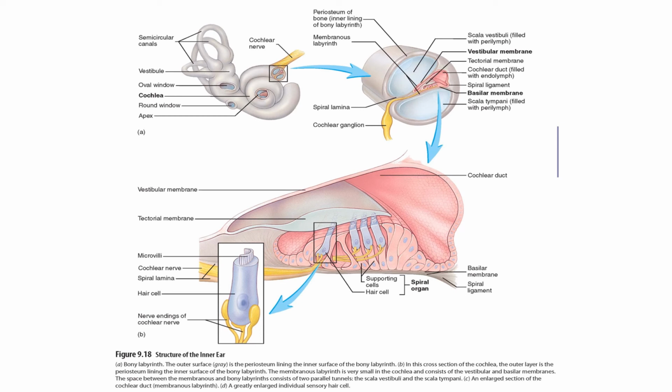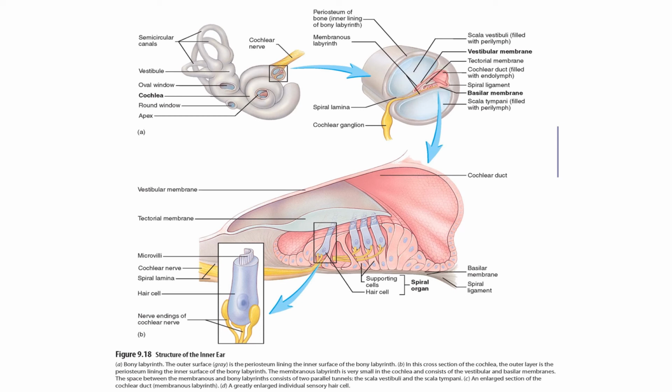So in its cross section, you will see there the scala vestibuli, which is filled with perilymph, and you also have the basilar membrane. So in a bigger picture, the basilar membrane looks like this. You have the supporting cells, and then you will see the hair cells.